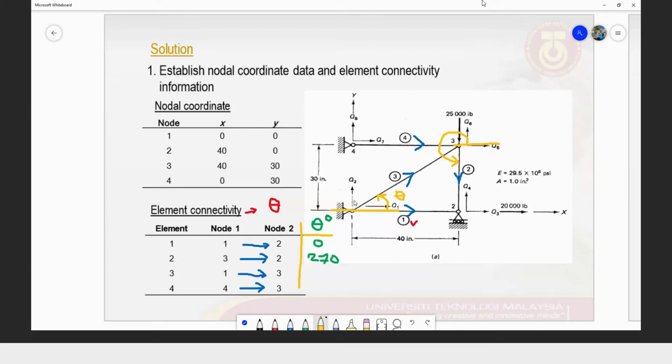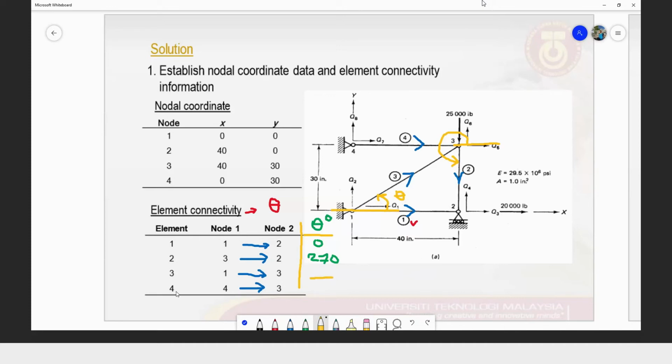So we have the sine of theta equal to 30 over 40. If we take the sine inverse of 30 over 40, then we will get the angle theta here. So we will calculate it later.